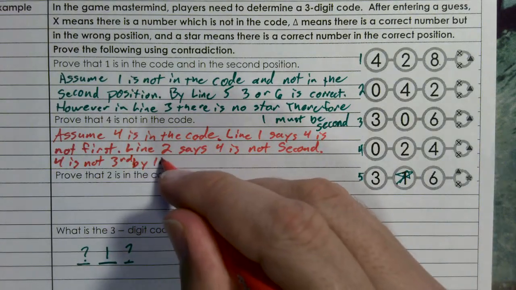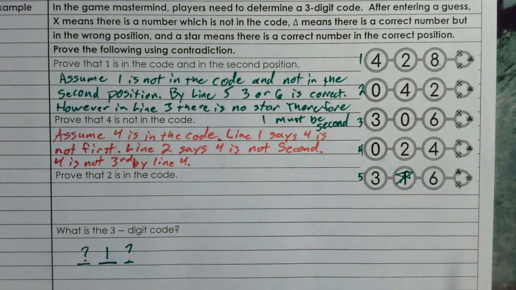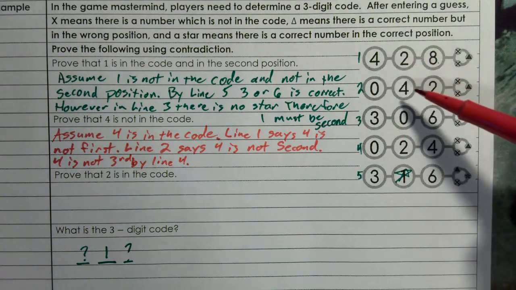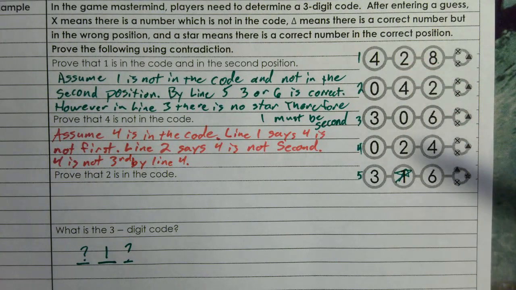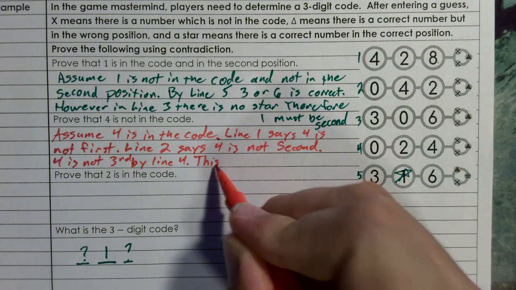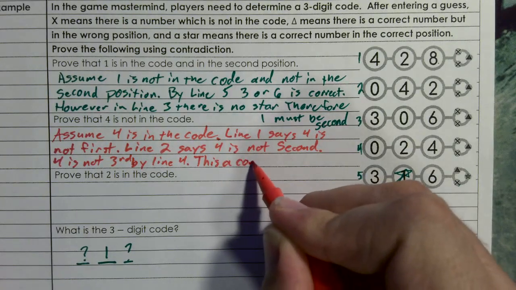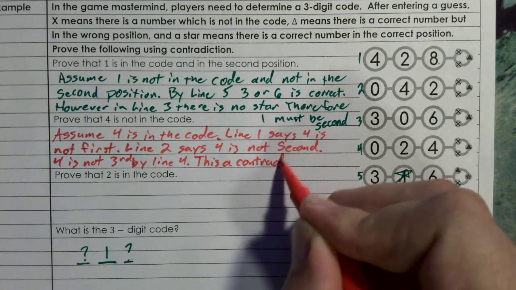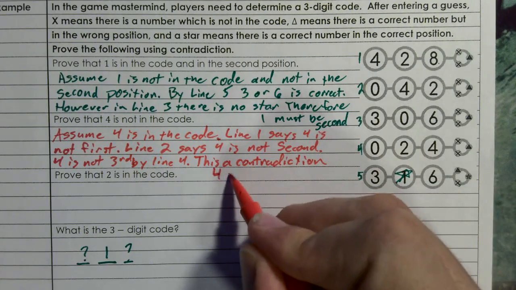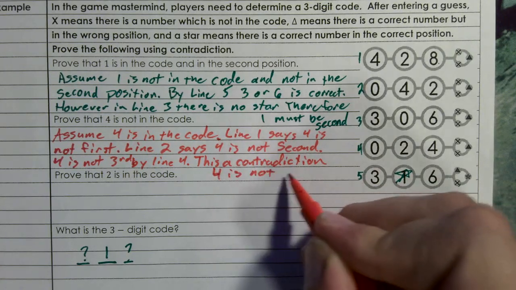But that's a contradiction. It can't be first, can't be second, can't be third. We said it was in the code. Where is it supposed to go? It can't go anywhere. This is a contradiction. So 4 is not in the code.